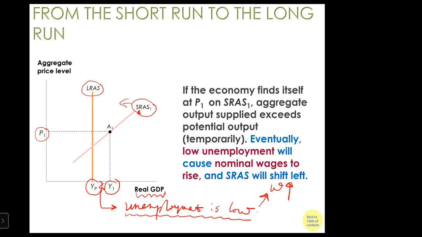That's going to lead aggregate supply to decrease. So the wage increase is going to lead to a decline in short-run aggregate supply until we reach our potential. This is what happens in the short run if the price level is too high.